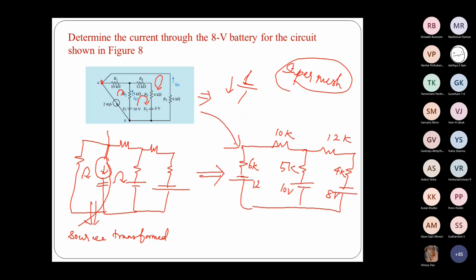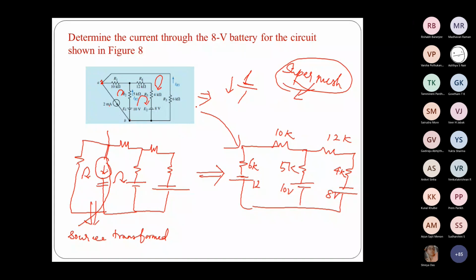Ma'am, if there is no 6 kilo ohm, then how will we convert? That's what I said. Here it is possible, so we convert it. If I don't have that, then we have something called super mesh analysis. We will discuss it in the next class. Mesh analysis always has to write a voltage equation.